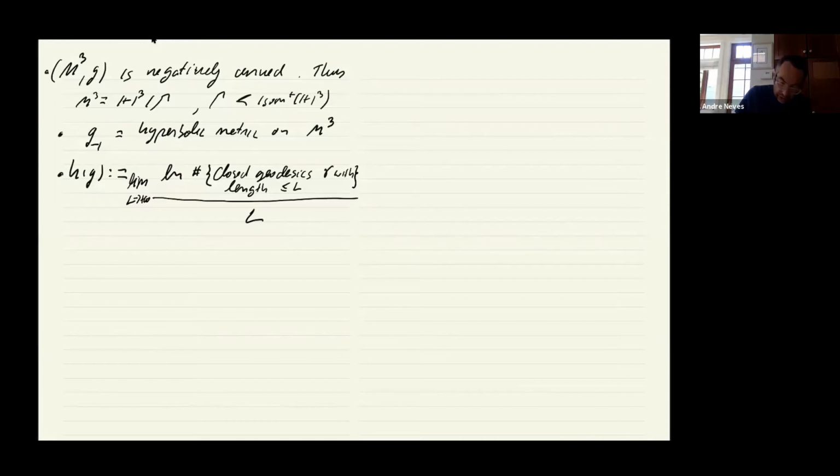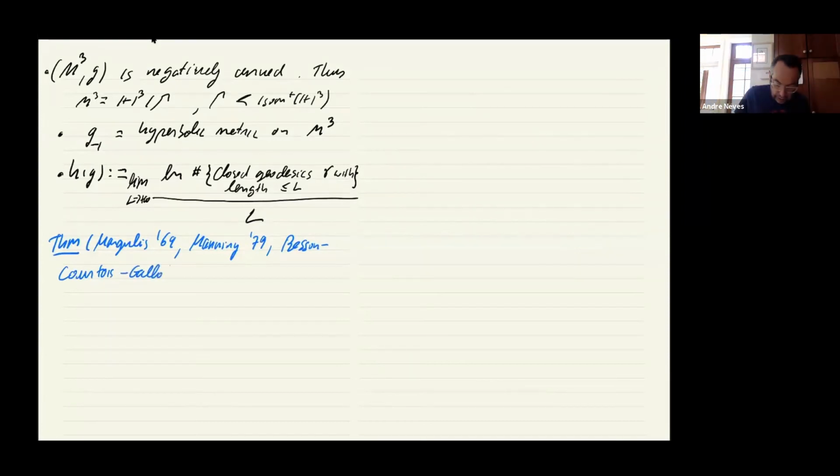The celebrated theorem follows from combining the works of Margulis, which I think was his thesis from '69, then Manning from '79, and finally Besson, Courtois, and Gallot from '95.